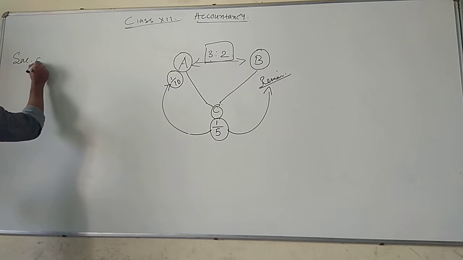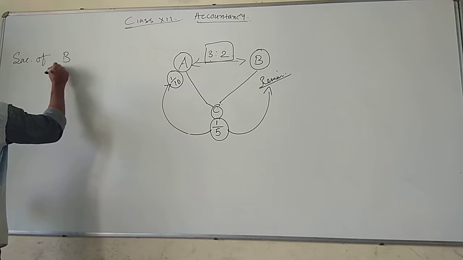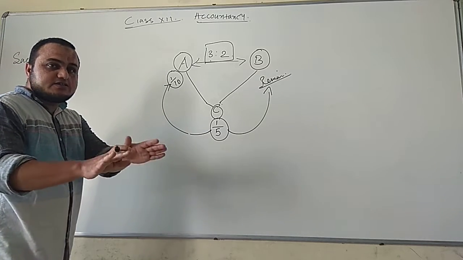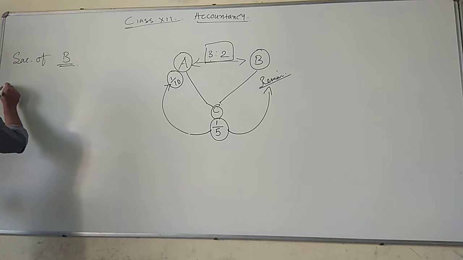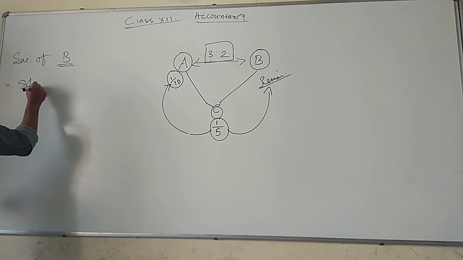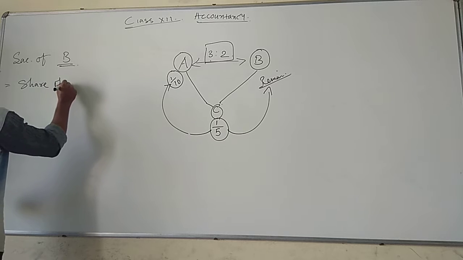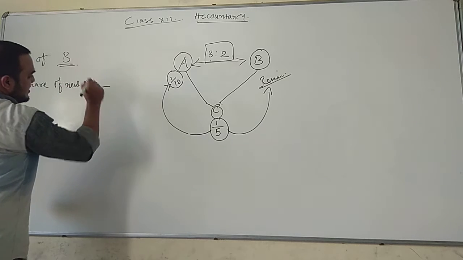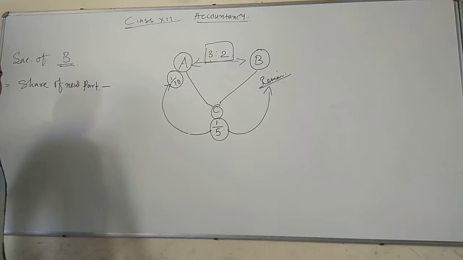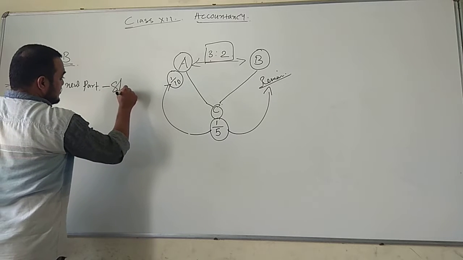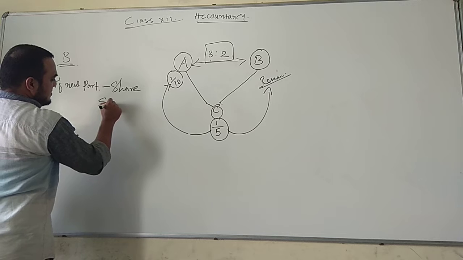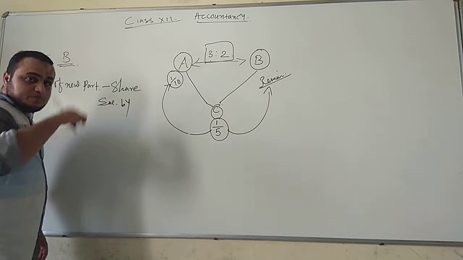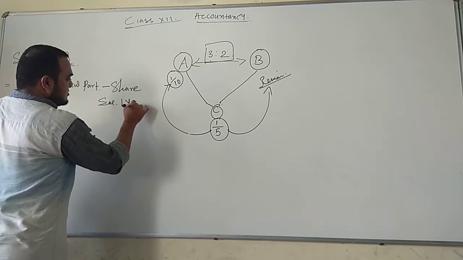Sacrifice of B. A का तो already sacrifice दिया है, so we have to find out the sacrifice of B. That is equal to share of new partner minus share sacrificed by the first partner or another partner.